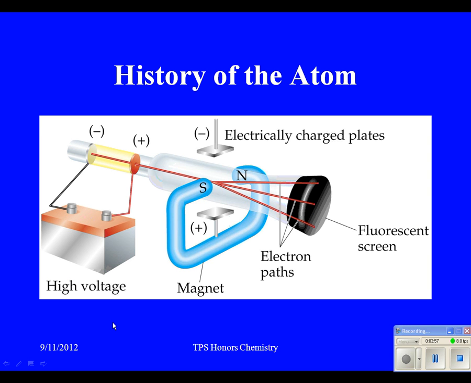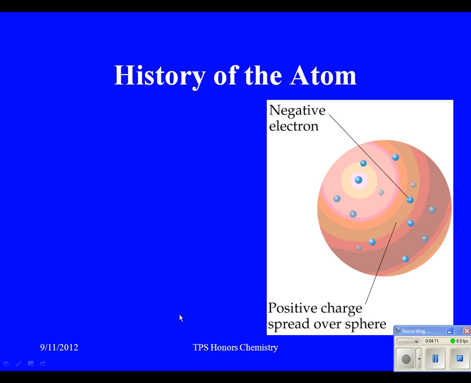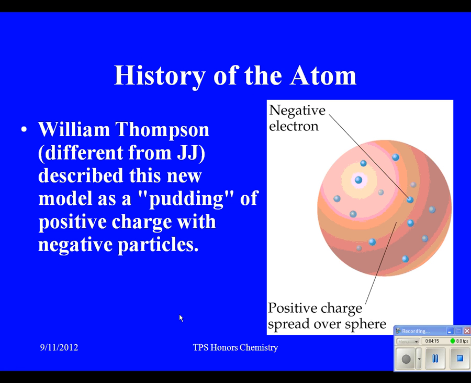He knew that the electrons that were being produced would bend towards a positively charged plate. And so he knew that those electrons were negatively charged. Therefore, his model of the atom, as described by William Thomson, which is another different Thomson, who was more of a nobility type.